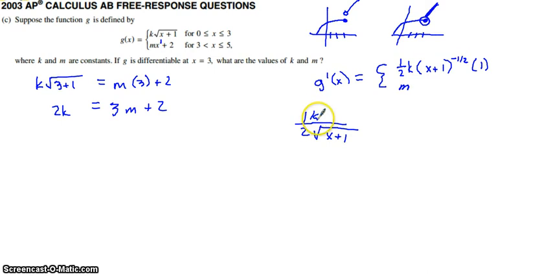So this is a little bit simpler to deal with, and that's a sloppy k there, but it is a k. And what I want to do is equate the derivative, m, with this derivative when x is equal to 3. This derivative is always m, but at 3 the value of this derivative is going to be k over 2 times the square root of 3 plus 1. And I want to equate my derivatives.